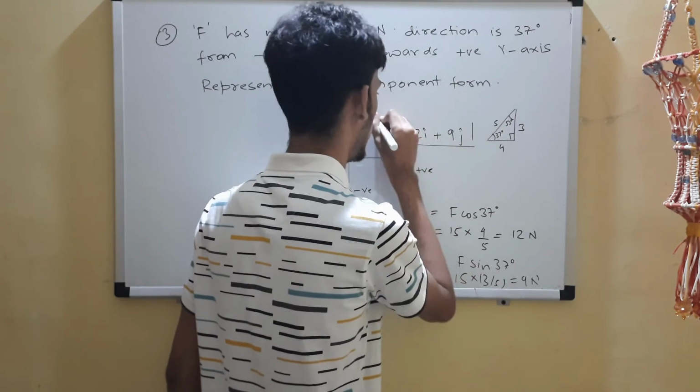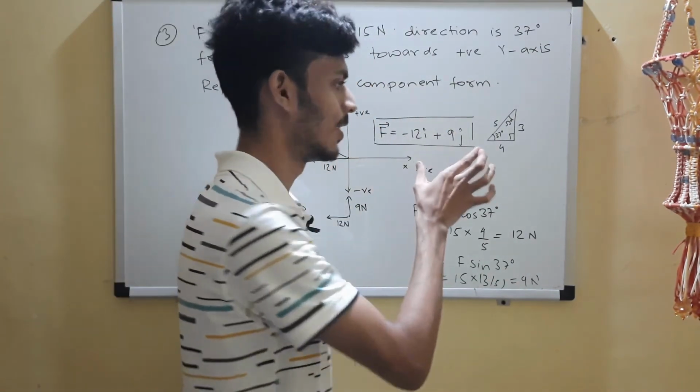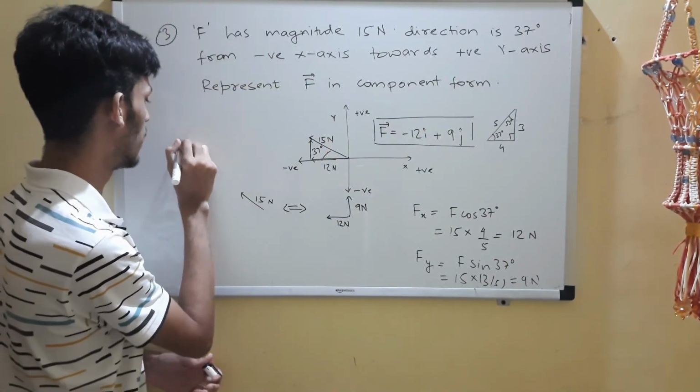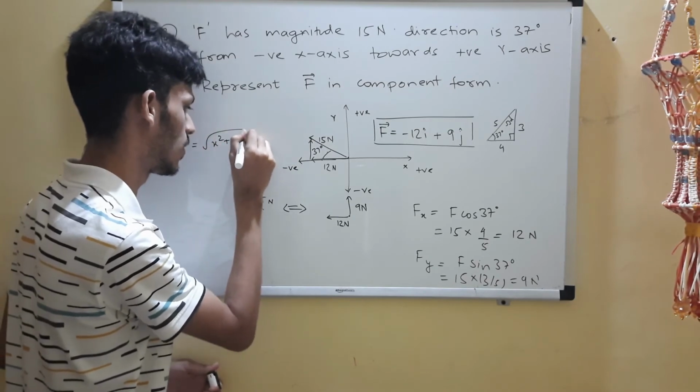So this is the vector in its component form. Here also the magnitude is given by the squares. You remember the magnitude of a vector was x square plus y square plus z square, right?